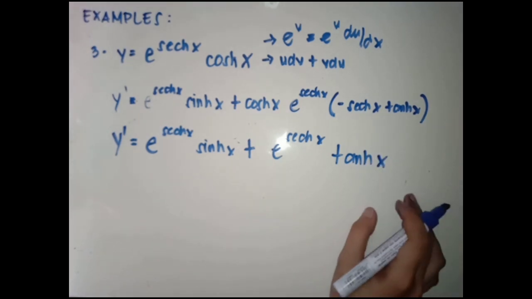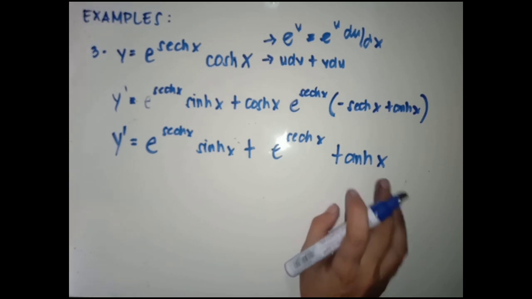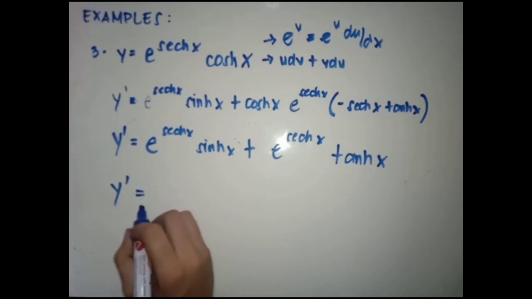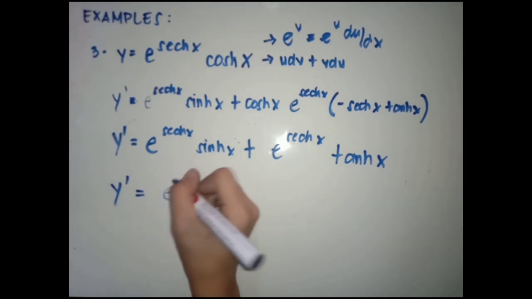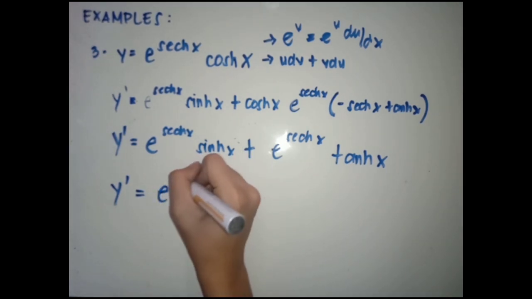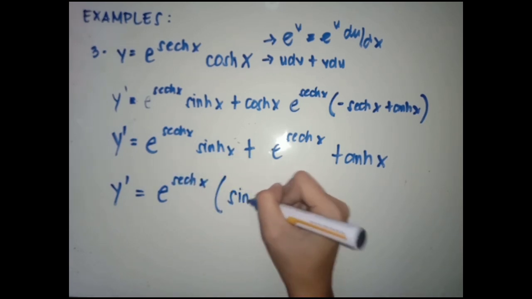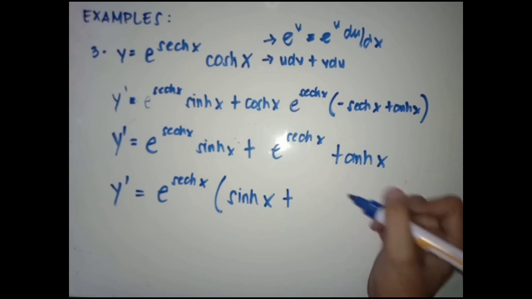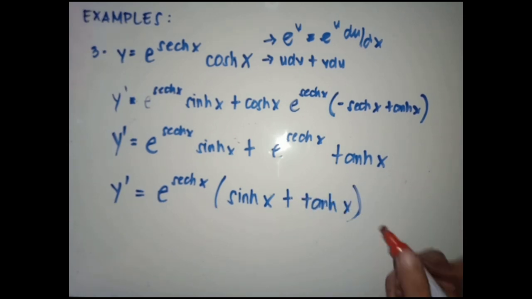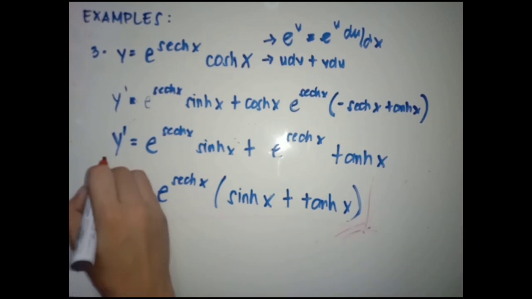Now, pwede mo na ni ato ang final answer. But, since pwede pa ni siya ma-simplify, ato na lang siya i-simplify. So, ang final answer is y prime is equals to e raised to hyperbolic secant x times hyperbolic sine x plus hyperbolic tangent x. So, this is the final answer sa atong last problem.